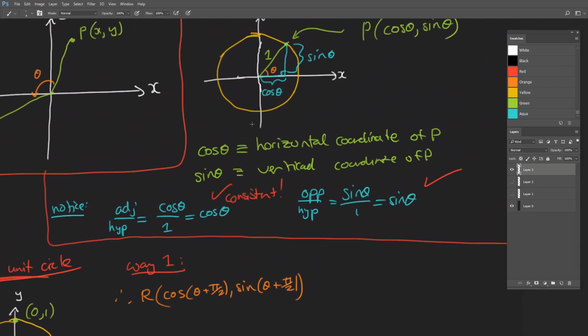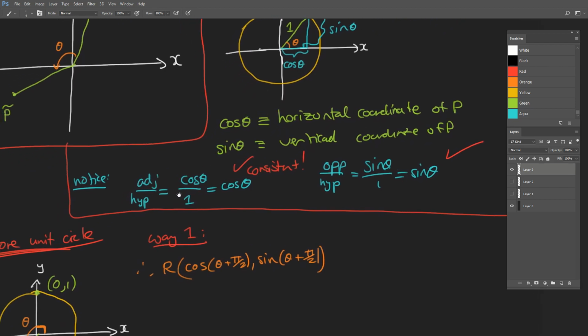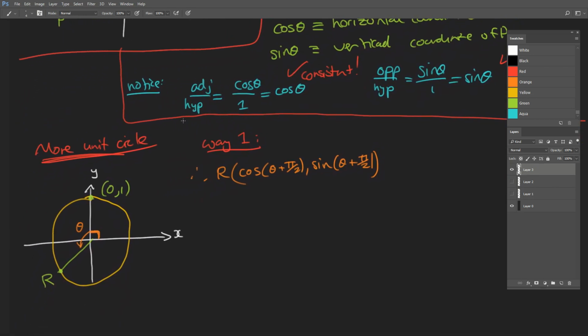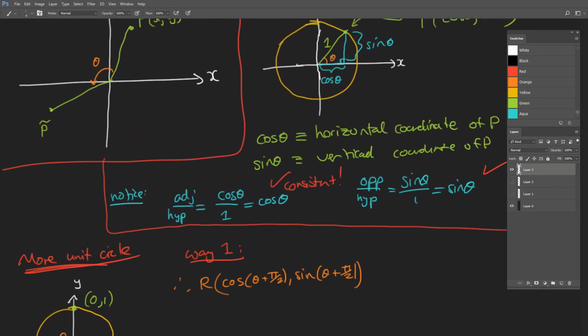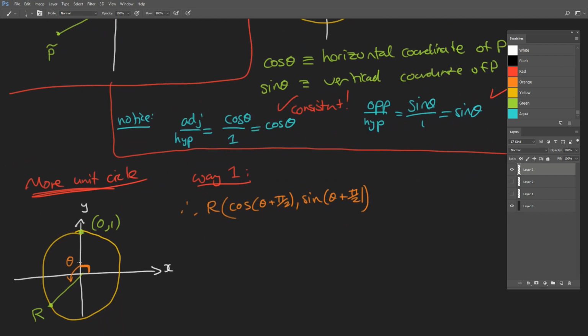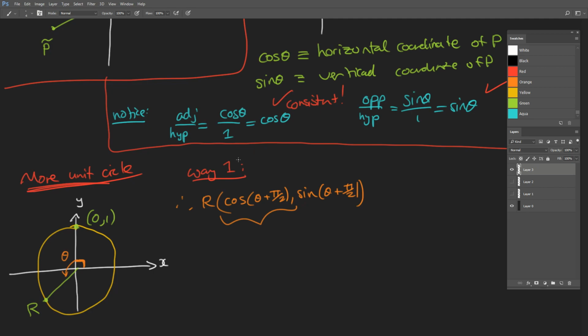Because remember from before, cos theta is the horizontal component and sine theta is the vertical coordinate, and in this case, instead of angle theta, our angle is theta plus pi on 2. So here we have the horizontal coordinate, the x coordinate, and the vertical coordinate, the y coordinate.